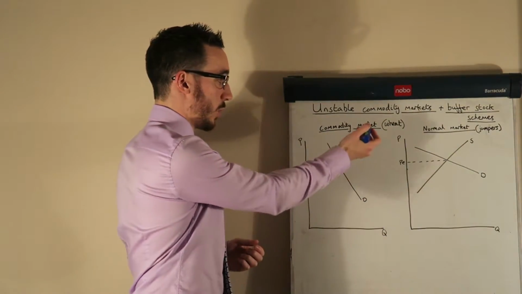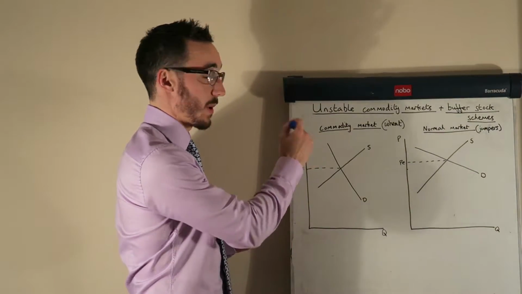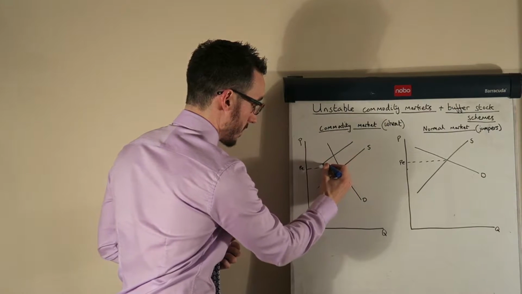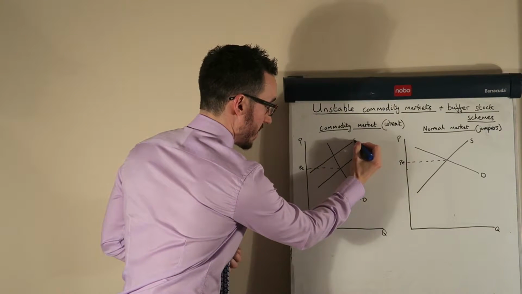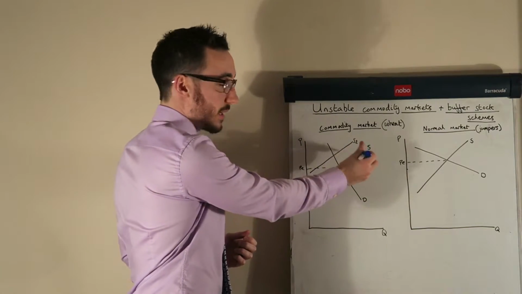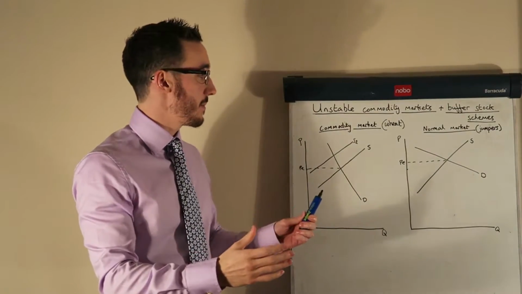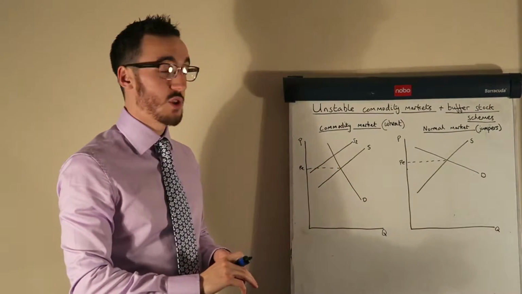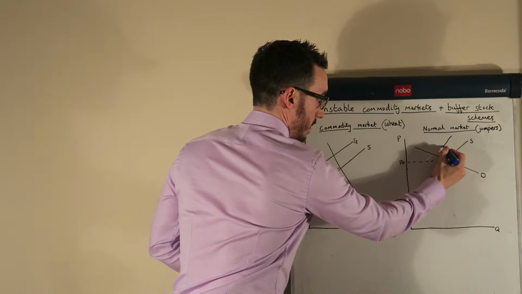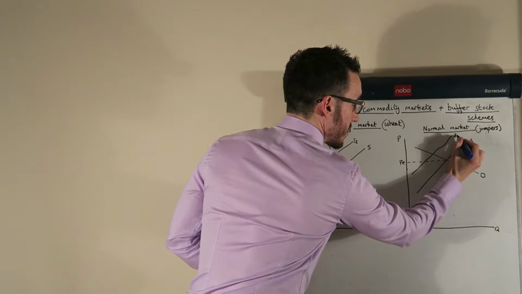So let's say wheat, there was a bad harvest, the weather was terrible, and supply of wheat decreased a lot. So it shifted from supply here to supply 1. And let's similarly say there was a completely same decrease in the supply of jumpers, like so, to S1 again.